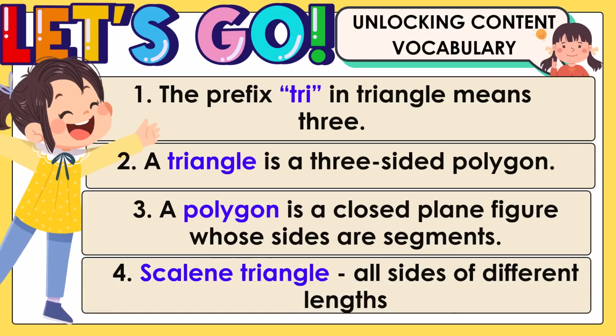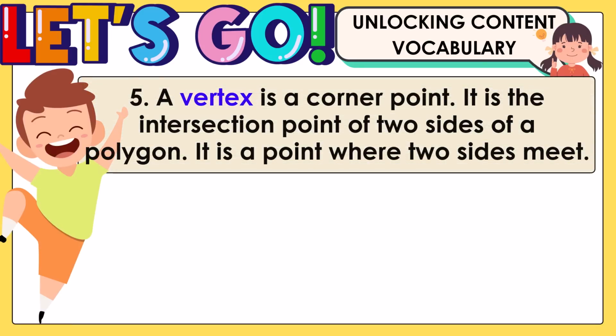Number 4, scalene triangle, all sides of different lengths. Number 5, a vertex is a corner point. It is the intersection point of two sides of a polygon. It is a point where two sides meet.